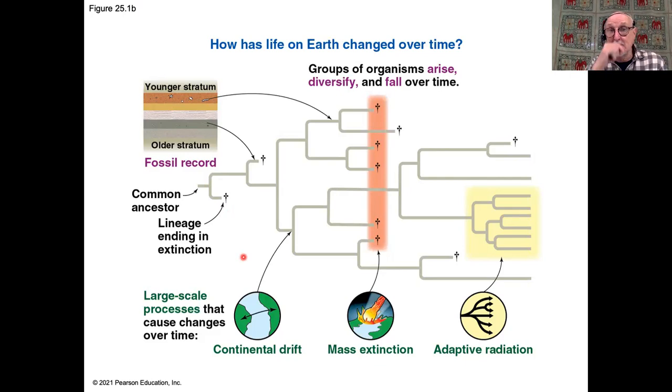The first is that the Earth is not static. The surface of the Earth changes shape. The continents bind together, break up. The continents actually move around the surface of the Earth. As they do so, they carry with them populations of plants and animals and everything else.